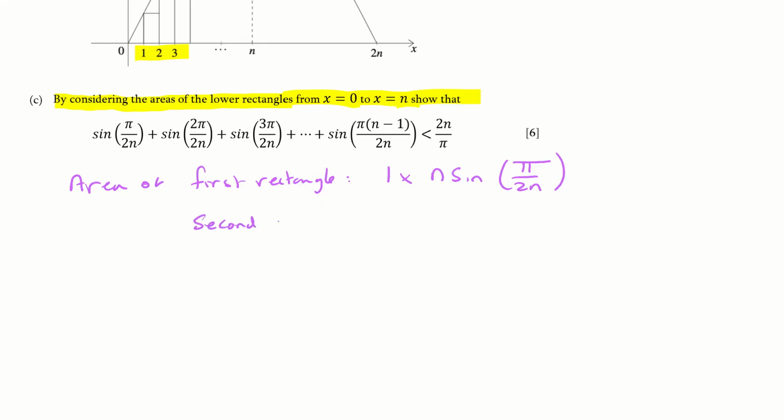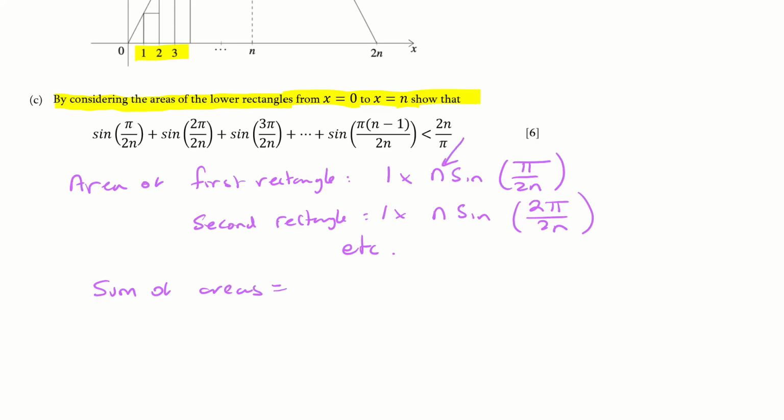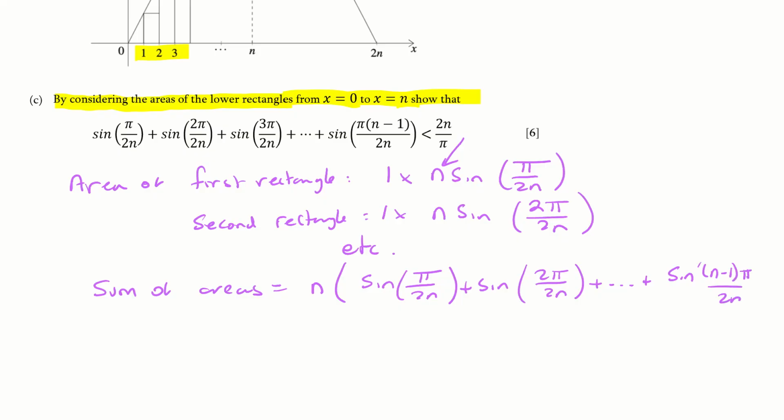For the second rectangle, we're going to get 1 times n sine 2 pi over 2n, etc. So the sum of the areas is going to be, well, we've got this common n that we can just take and put in front, and then we have sine pi on 2n plus sine 2 pi on 2n, and so on, up to sine n minus 1 pi over 2n.